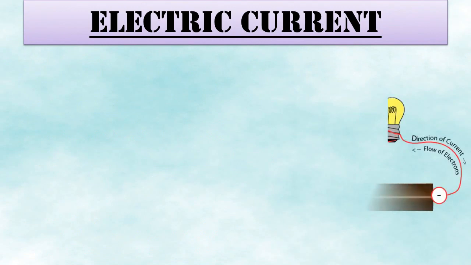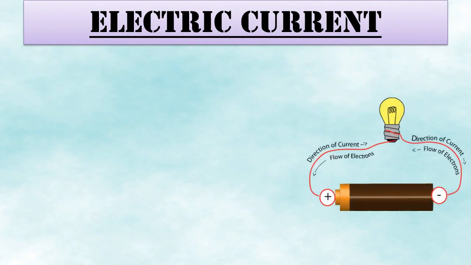Okay, now electric current. What is electric current? So student, this is a circuit diagram. Here I have shown a battery with the negative terminal and positive terminal. The direction of current is from positive to negative, but the flow of electrons is from negative to positive.